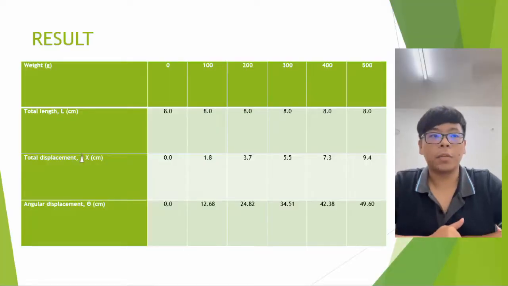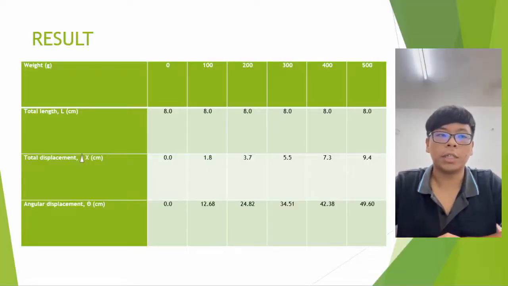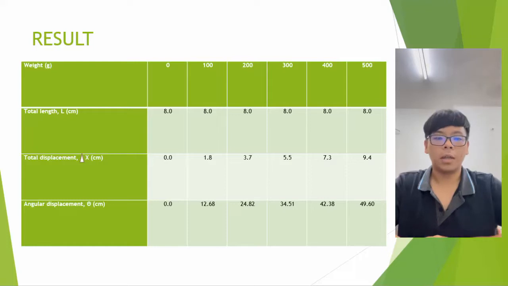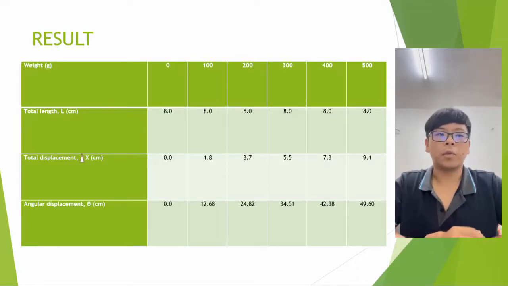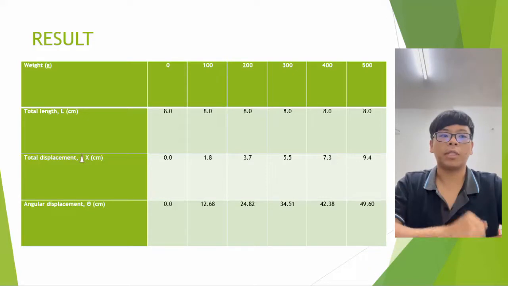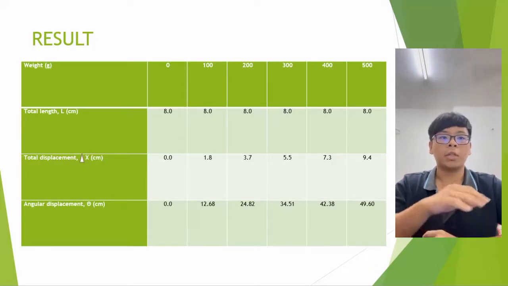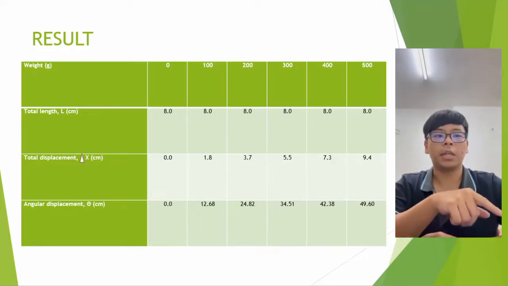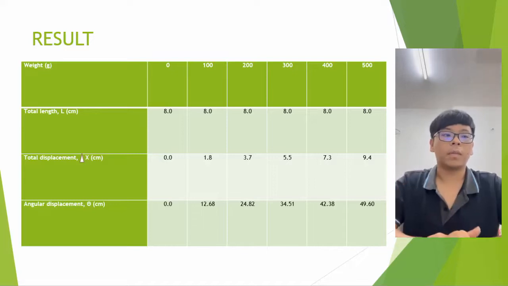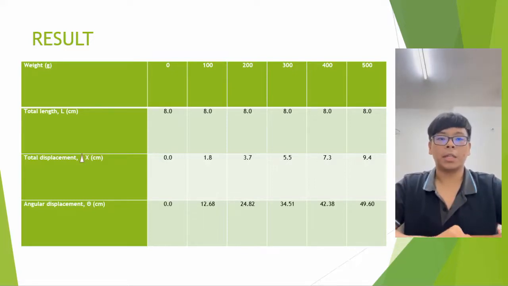Hello, my name is Tien Hou Yu. I'll continue the presentation slide, which is the result. Now we look at the slide. There is a column with grams, from 0 to 500 grams. The total length is all the same, there is no change. It is 8.0, and then the total displacement does change.